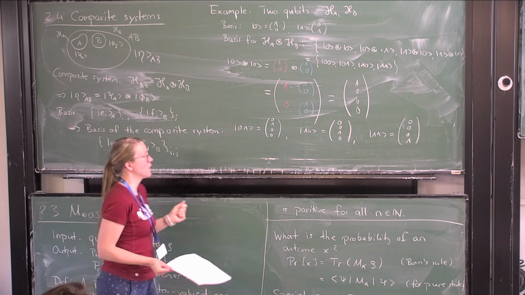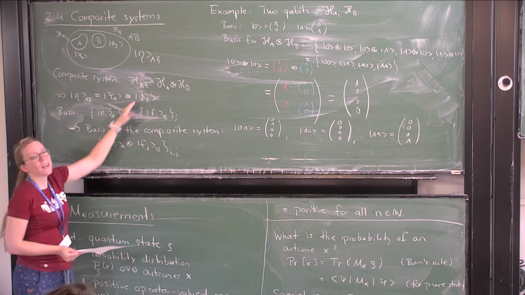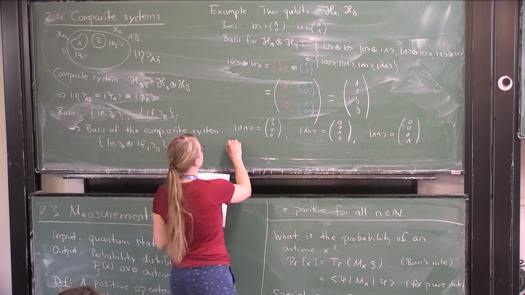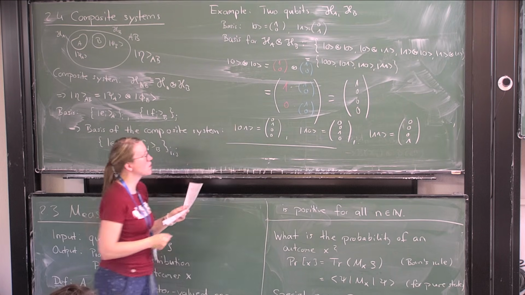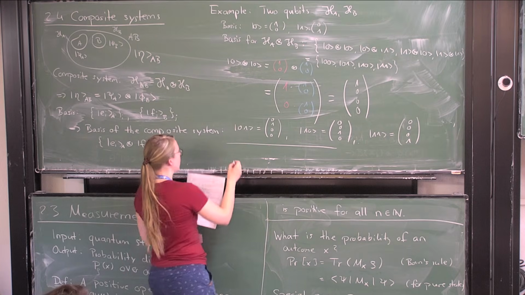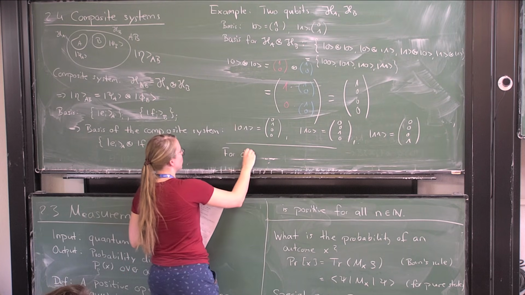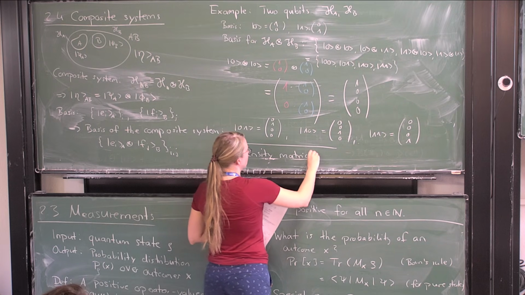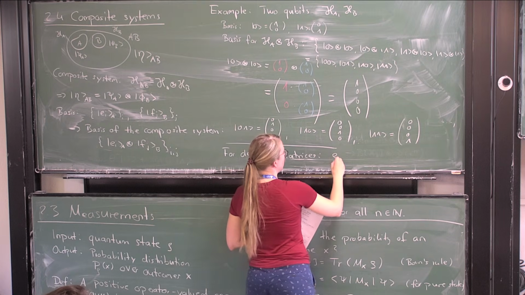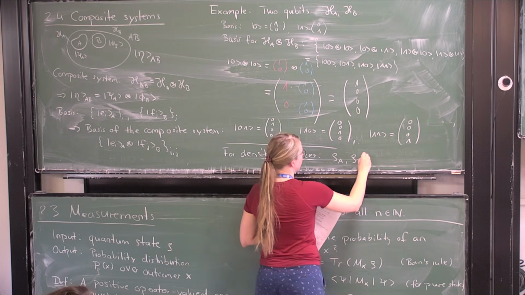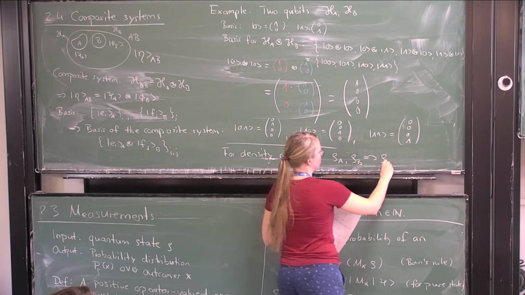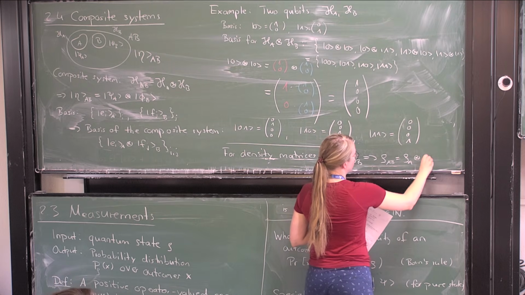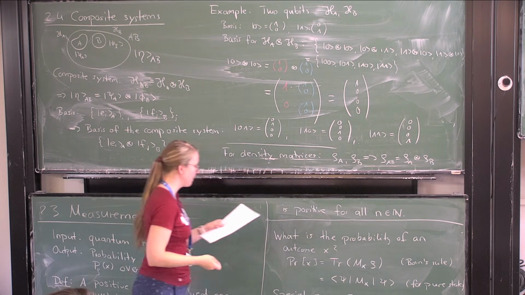And of course, the interesting part about this is that you don't only have these product states. Let me quickly say, for density matrices, this works very similarly. If you know your quantum states rho A and rho B, then you can get the joint quantum state rho AB by a tensor product of the two states.